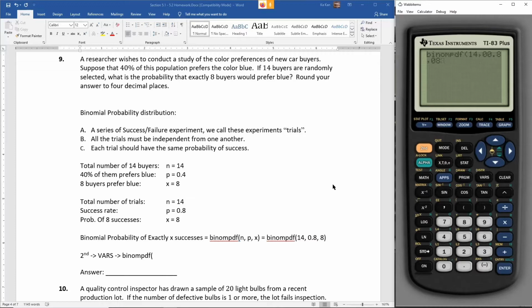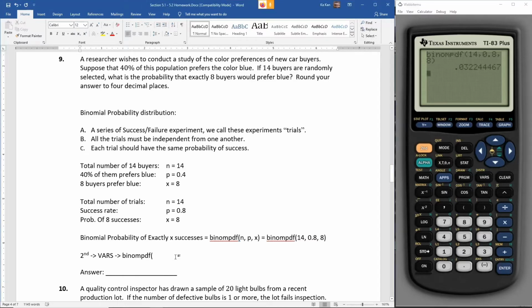And then, what should I do? I mess up a little bit here. 14, 0.8. Let me delete this right here. 0.8. And then, I don't know where the 0 came from. And then close parenthesis. Just like that.